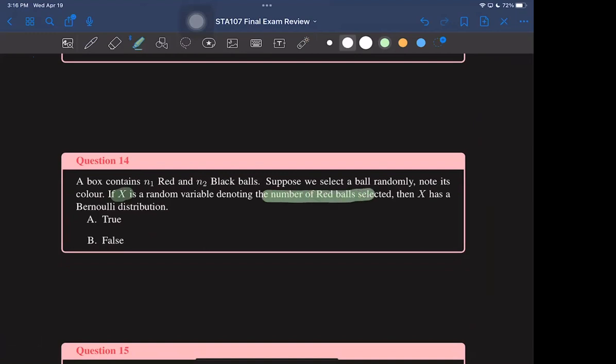X is the number of red balls. So X can only be 0 or 1, right? Because we only did the experiment one time. Therefore, it is true because X can only be 0 or 1.